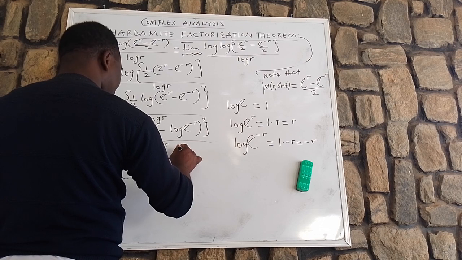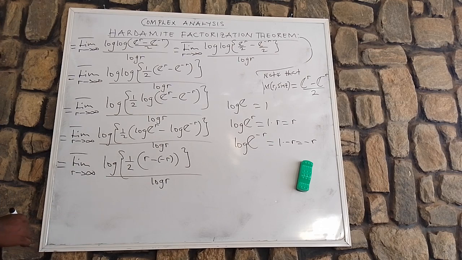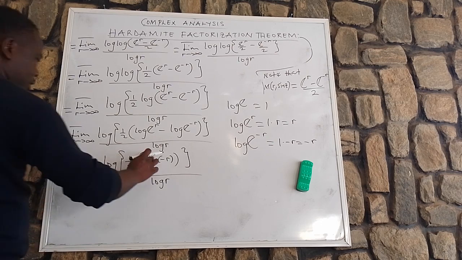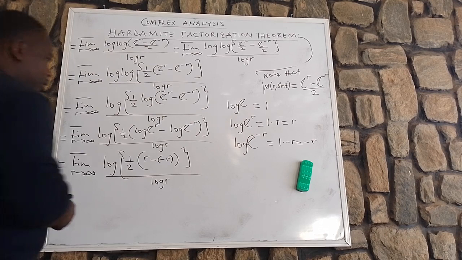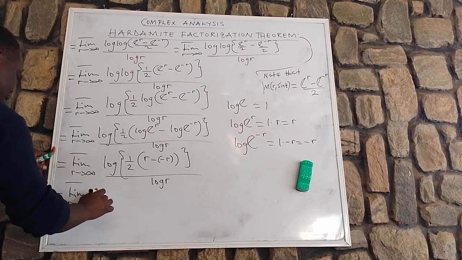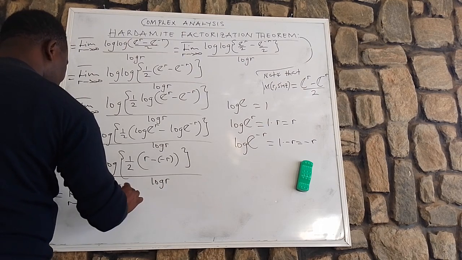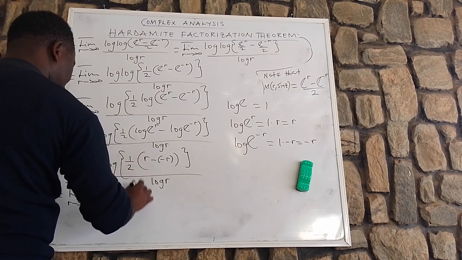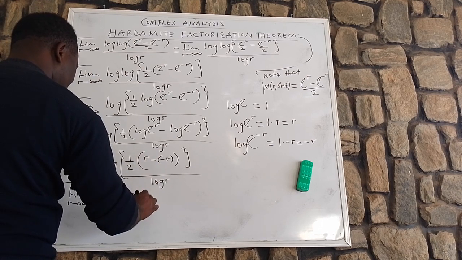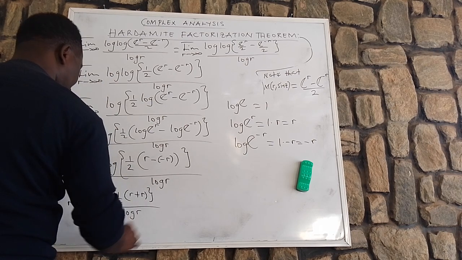Close the bracket, then all over log R. I'm breaking it down for you for the sake of everyone. So here will now be log of one over two, then R plus, minus times minus gives plus, R all over log R.